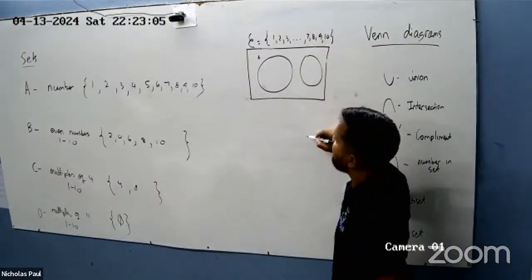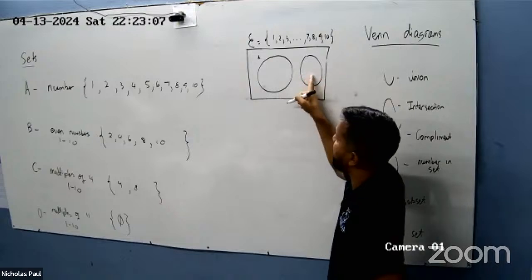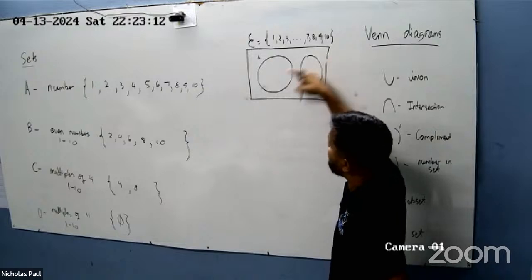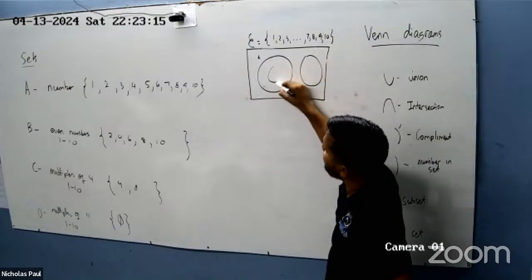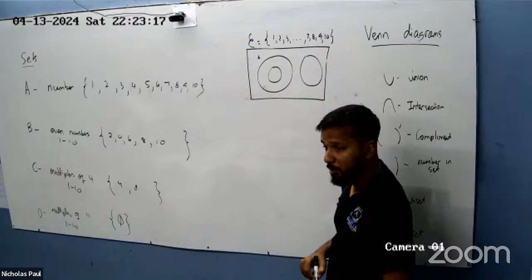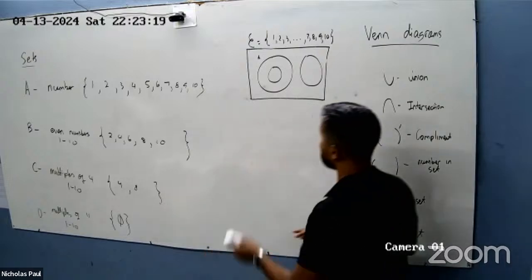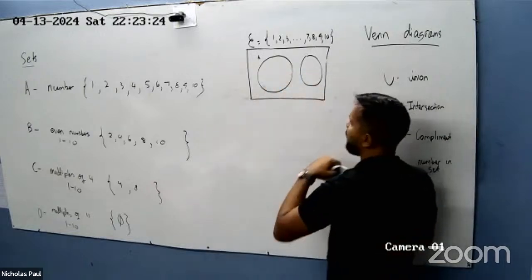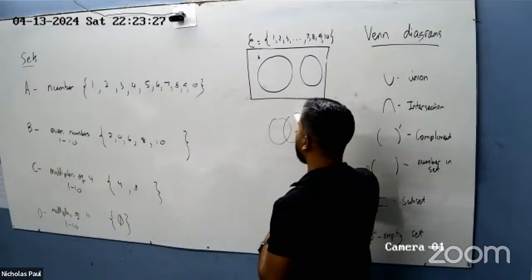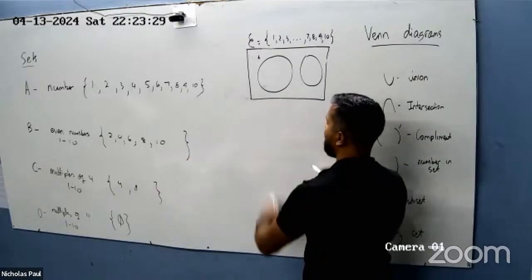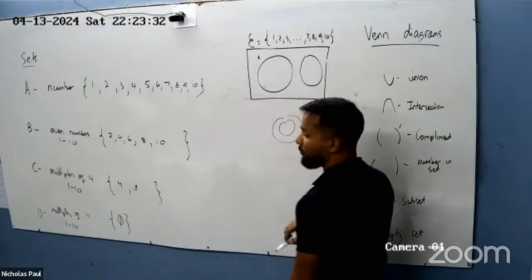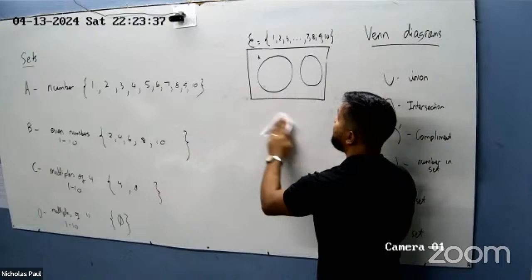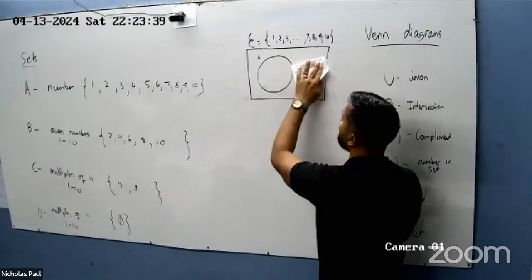If they have something in common, you have to bring them together, and if all of one belongs in the other, then you draw it inside. So you have to look at 3 scenarios. Scenario 1 is if they have nothing in common. Scenario 2 is if they have some in common. Scenario 3 is if they have all in common.